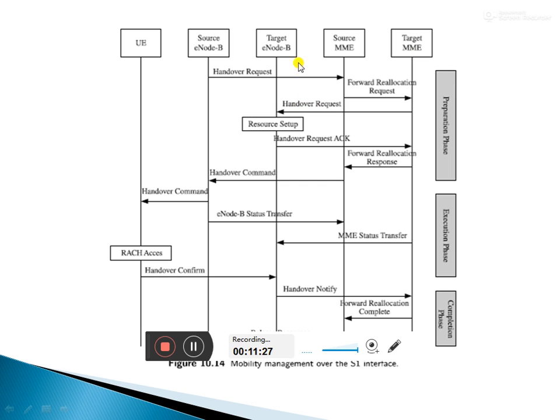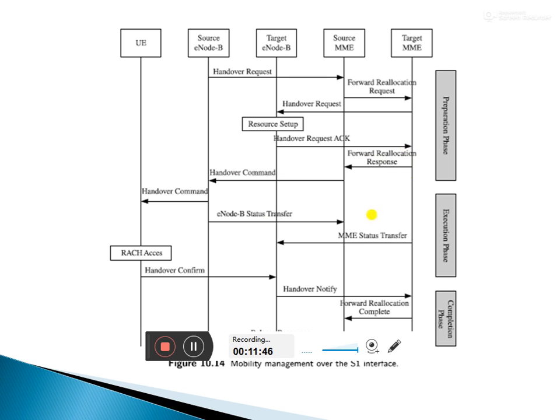After that, if the system is okay, whatever the target eNode B operation is, it should be ready. It sends the acknowledgement to the target MME that the information you are sending is correct.